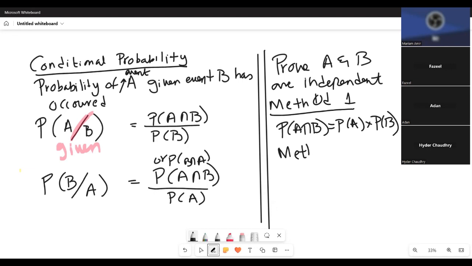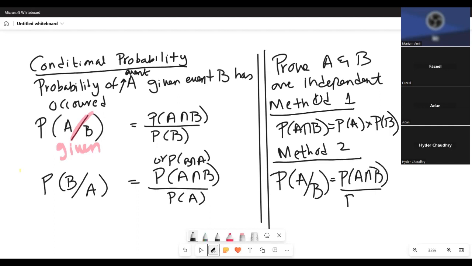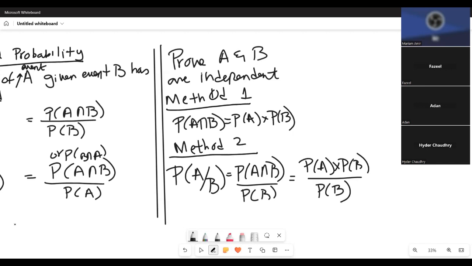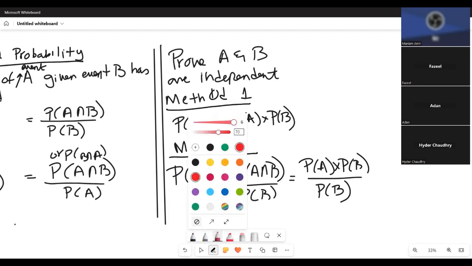Method 2 is you'll show probability A given B, which we know equals probability A intersection B upon probability B. If these are independent events, then we know that in independent events this becomes probability A times probability B. This is only when they are independent.